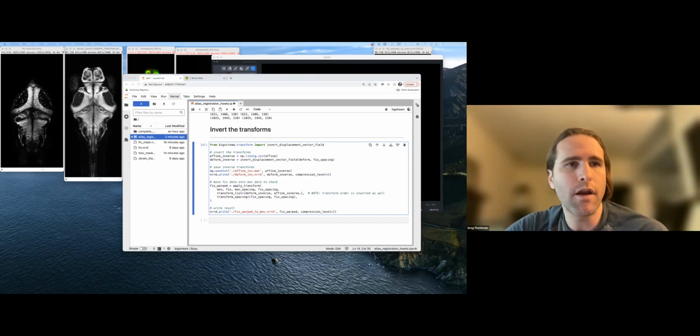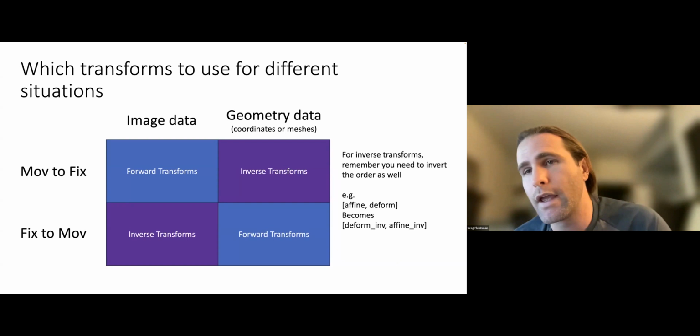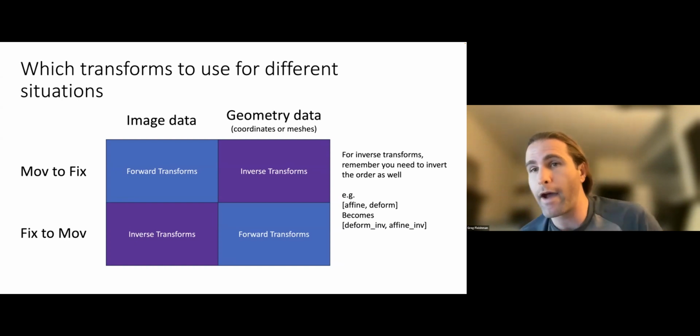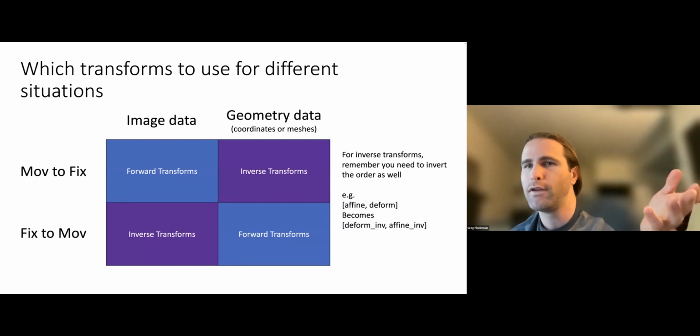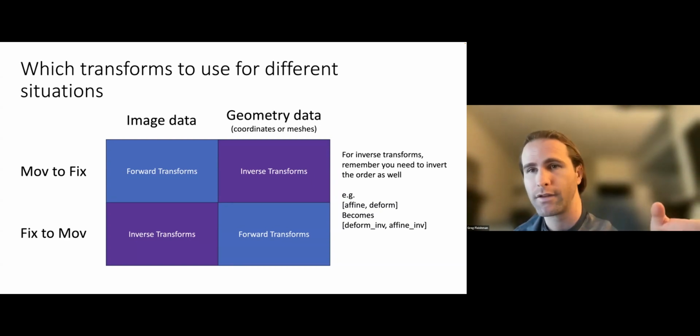There's another interesting point about moving geometry data, which is another common thing that people want to do when they have two registered data sets. Geometry data is anything that's not like pixels. It's usually something where you have an explicit coordinate value, like I found a dot of interest at location XYZ, or maybe I found 100,000 dots of interest at the following XYZ coordinates.